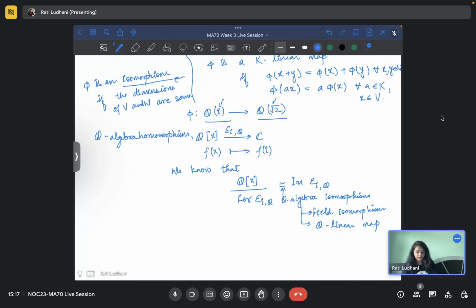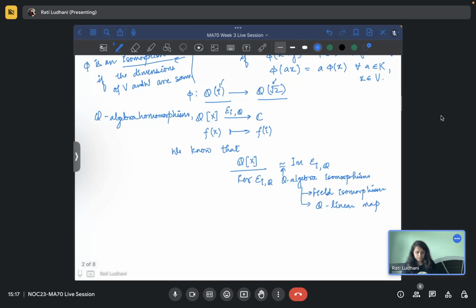Okay, so let's see. Can you tell me what will be the kernel, as you know that this should be a principal ideal. It should be generated by one element. So can you suggest one? Because for I you need to find a non-zero polynomial which vanishes on I with coefficients in Qx. What can I take?